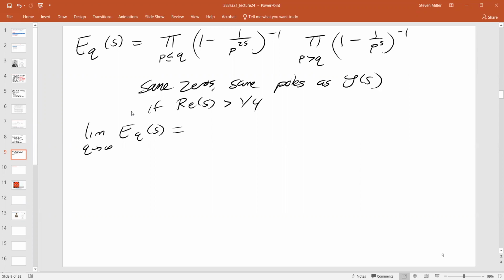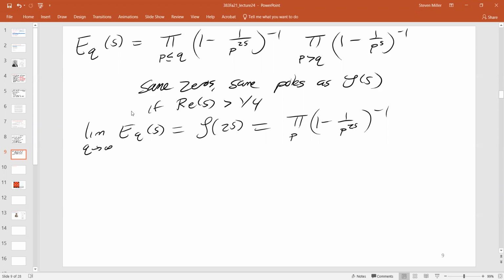Yes. It's just zeta of 2S, because as we take Q to infinity, we hit every prime, and every prime is now replaced with its square.